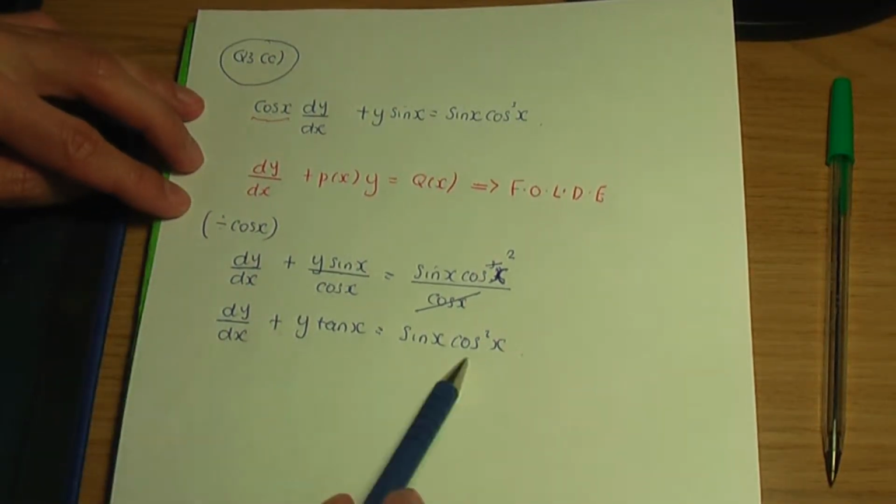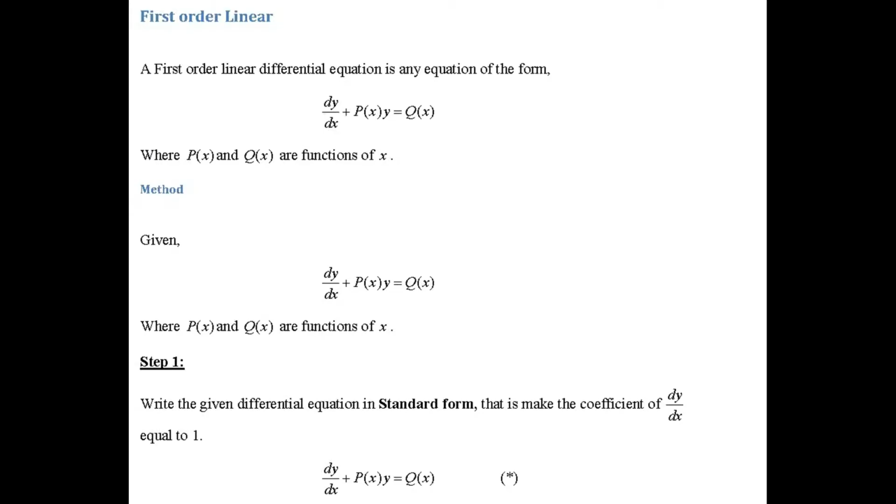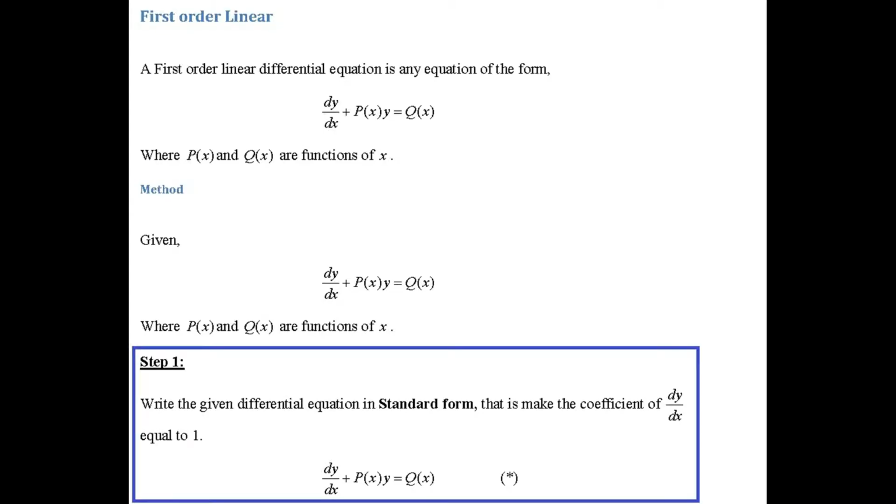Now let's think about the method. Just as a reminder, I've created a screenshot explaining the method step by step. So to the screenshot, step number 1, we need to write the given equation in standard form. That is, we need to make the coefficient of dy over dx equal to 1. So back to the paper and pen.